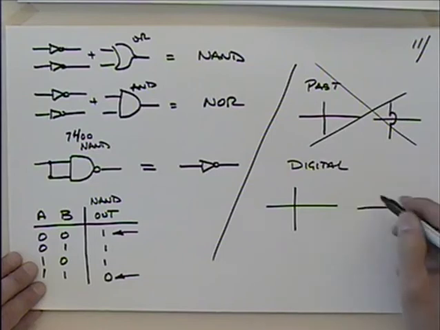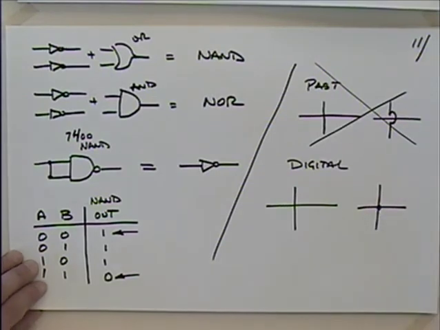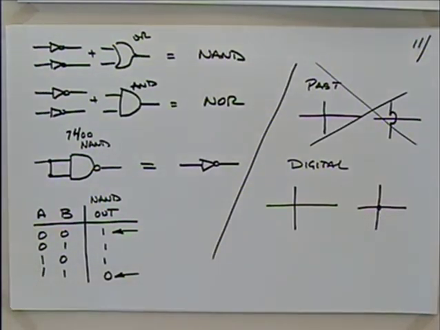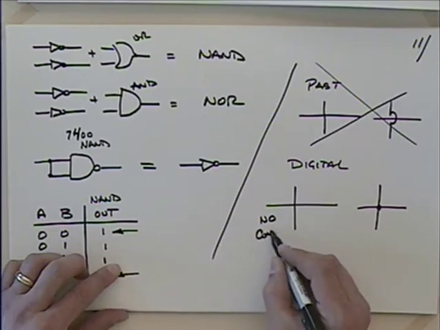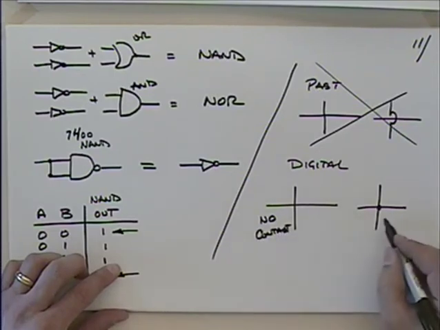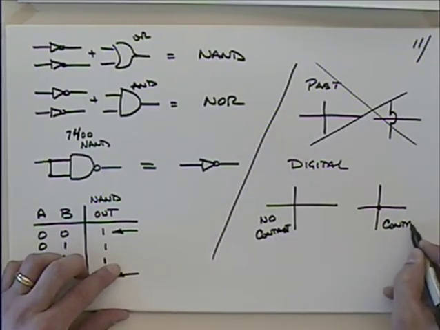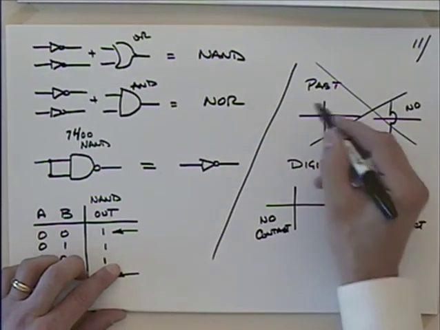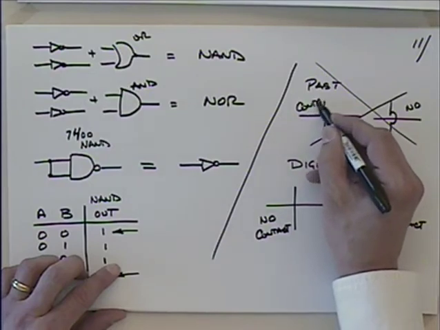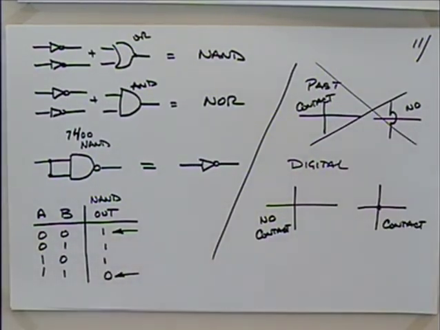And if they do touch, we're going to put a dot there. So this is no contact, and this is contact. Where in the past we had this as no contact and this was contact. We don't want to have all those little jumps there, so this is probably a little more common in digital.